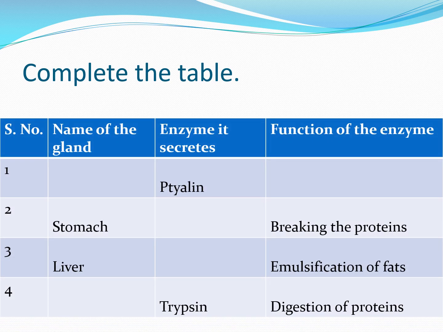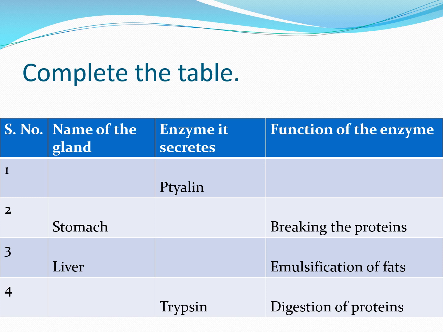Here, complete the table. Serial number, name of the gland, some of the glands are missing, enzyme it secretes, some of the enzymes are missing, and then function of the enzyme, one function is missing there. So let us see the table and fill the blanks. In the first one, ptyalin enzyme is there.